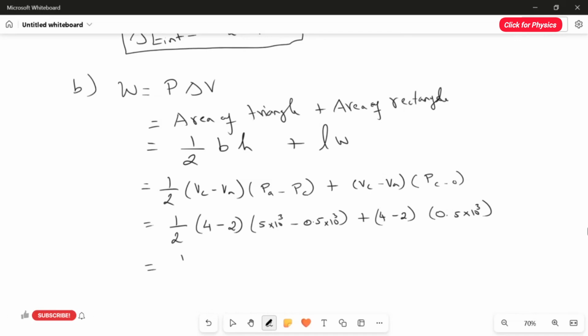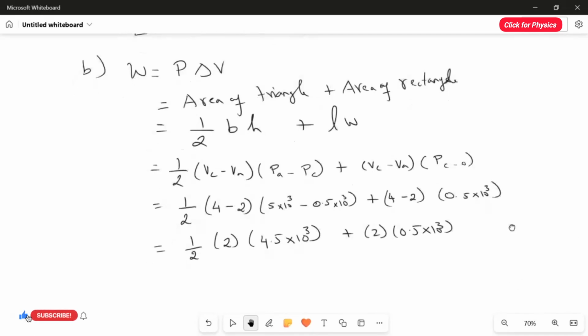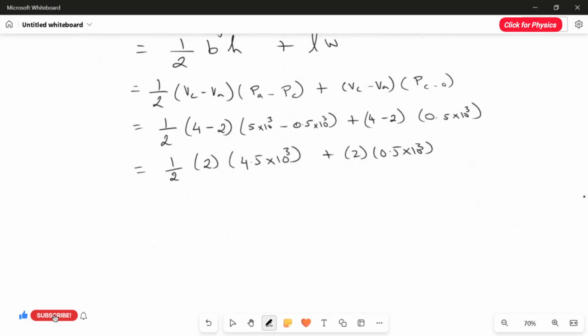So let's see what's the answer. 1 over 2, 4 minus 2 is 2, and then this one is 4.5 multiplied by 10 to the power of 3, plus this one is 2, this one is 0.5 multiplied by 10 to the power of 3. So here we can cancel this with this.